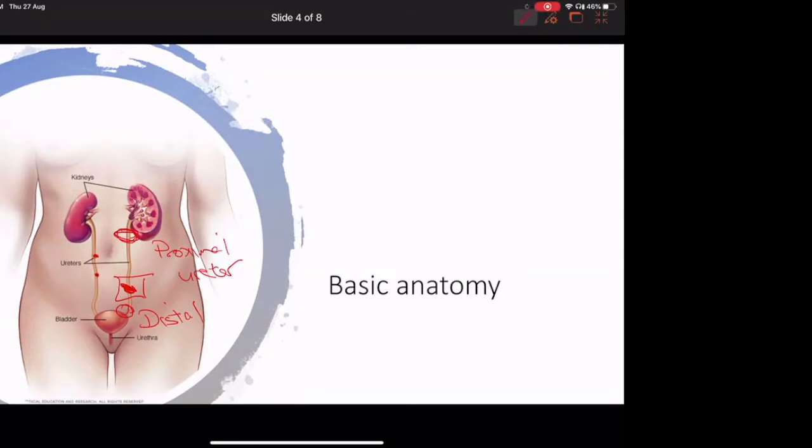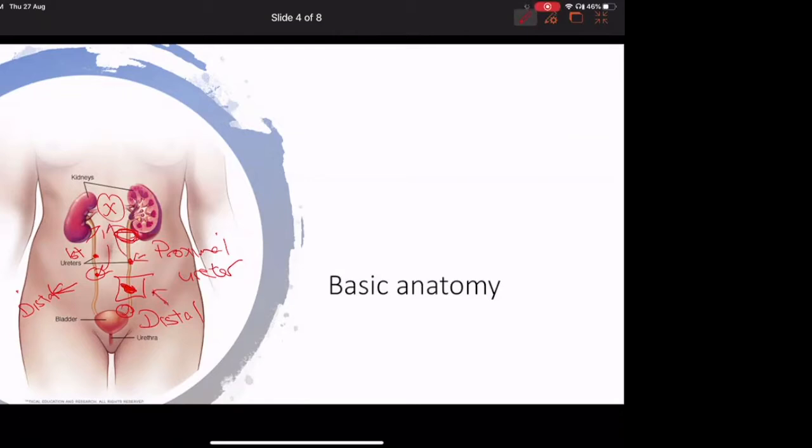The first stone, stone number one, you call the proximal stone, which is closer to the center of the body. The second stone, which is further away, you call the distal stone. Same thing with lesions. Let's say you have two lesions. The proximal lesion is always this one because it's closer to the center of the body, while the distal lesion is the one that is further away from the center of the body.